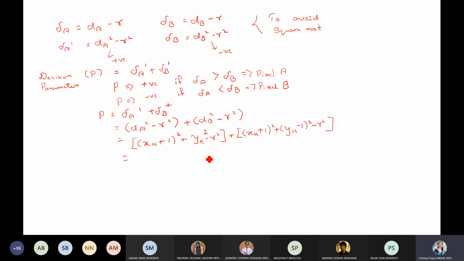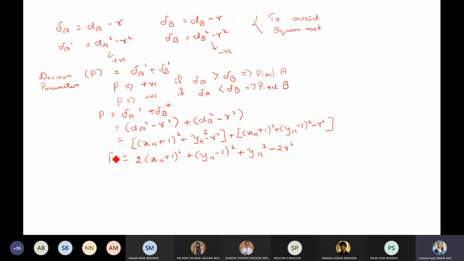So if we combine those two terms, we will get 2 into (xk plus 1) whole square, this is 2, right? Plus (yk minus 1) whole square plus yk square, and minus r square twice, that will be minus 2 r square.